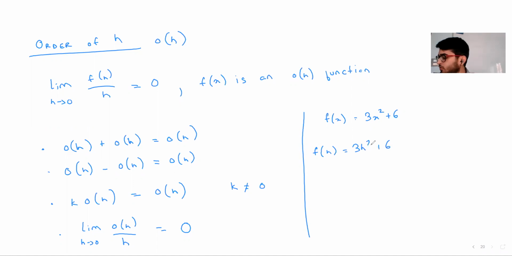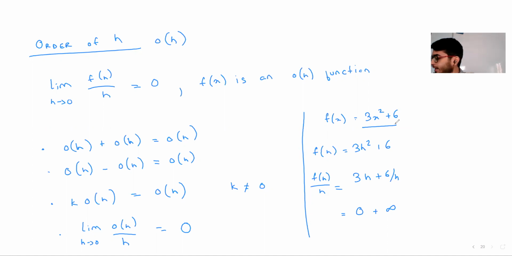So now what I need to do is f(h) by h. f(h) by h will be 3h plus 6 by h. Now if I put limit h tending to 0, this term will be 0, but this term will be infinite. So this function is not an OH function.